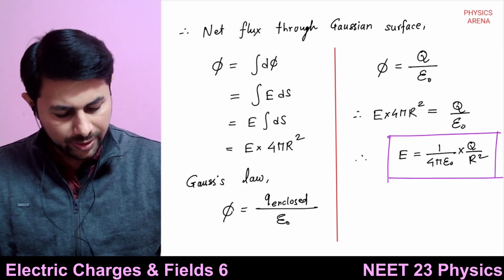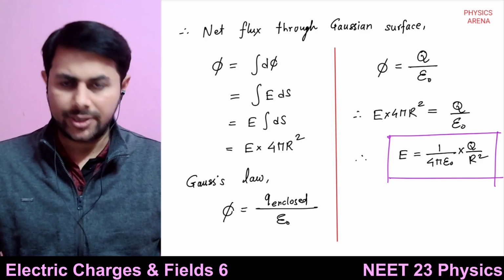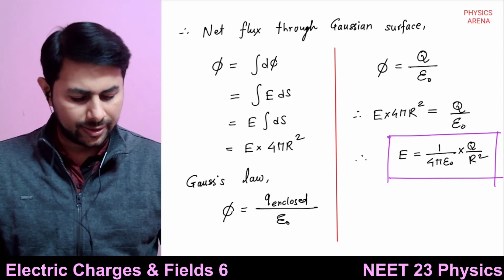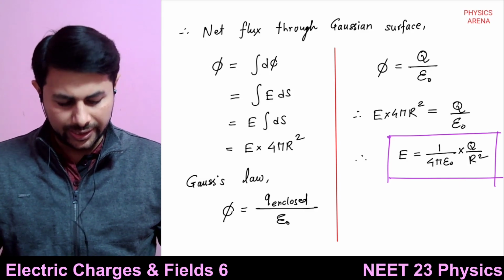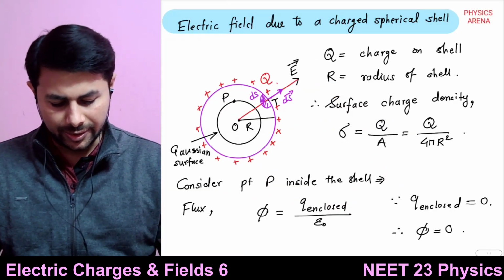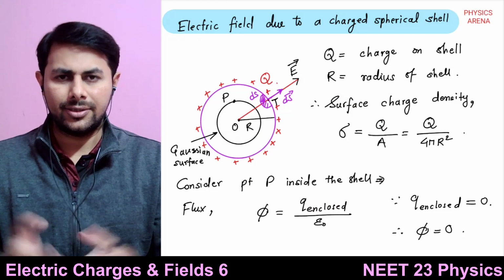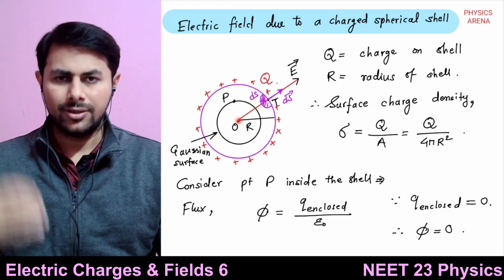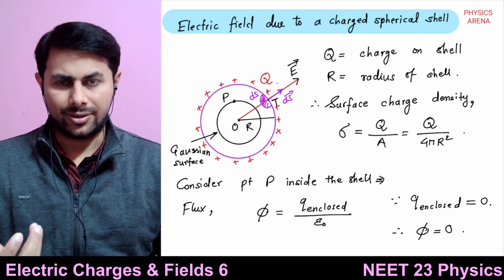This is the electric field on the spherical shell, on any point on the spherical shell. So you can say for the points on the spherical shell, the shell acts just like a charge which is at the center of the shell.